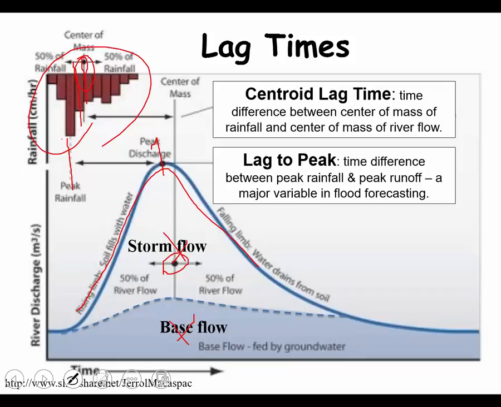So it should be no surprise that it takes a while for that water to get down to the station. So even though the rain has stopped, there's going to be this lag time, and that turns out to be an important measure of our being able to predict flood peaks as they go downstream. Okay. So again, the hydrograph is always in the context of a place, a gauging station.